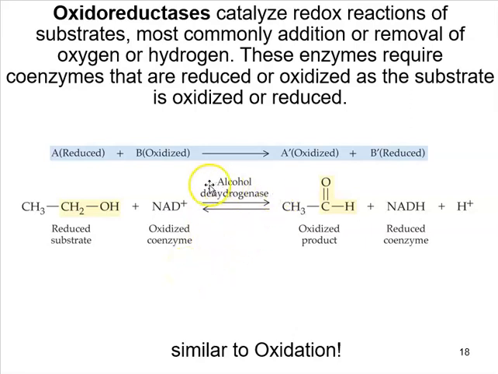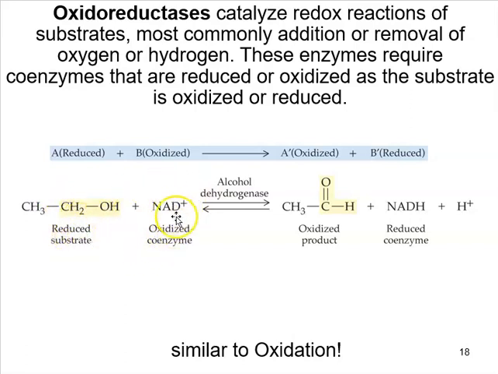So they're included in this reaction, but in order for this to continue to work, we have to recycle this coenzyme so it can make another one of these reactions go forward. Alcohol dehydrogenase is the enzyme name, and here's ethanol, this reduced ethyl alcohol compound.